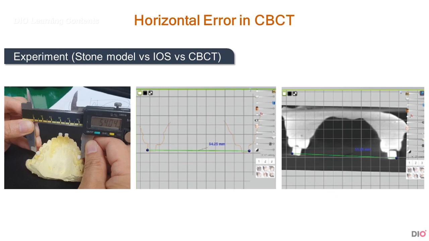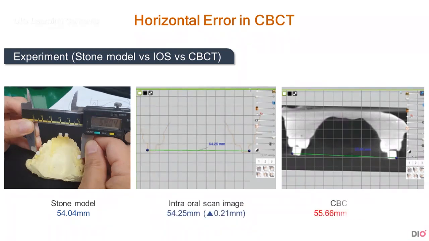54.04, 50.25, and 55.66. The CT image is 1.62 millimeters longer than the stone model. Since the deviation of 1.62 millimeters exceeds the acceptable value for implant planning or guide design, it cannot be processed.